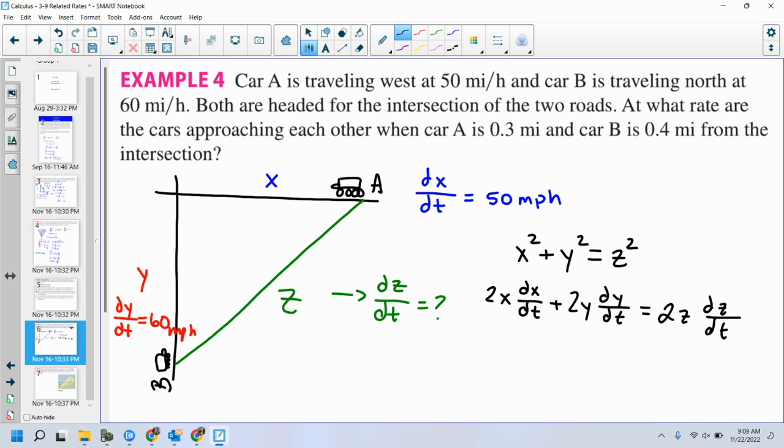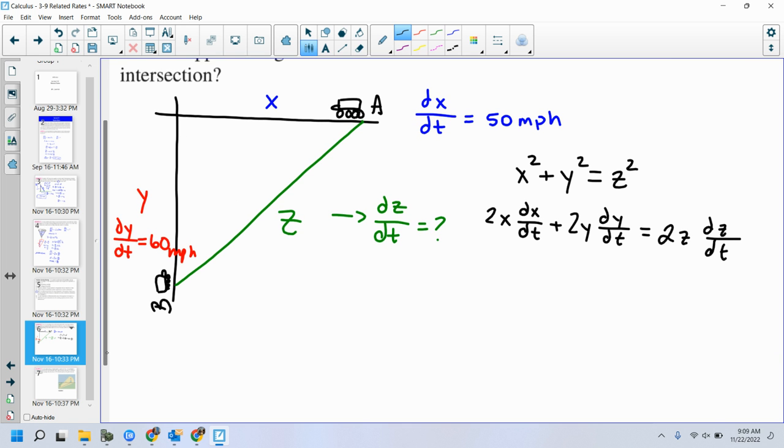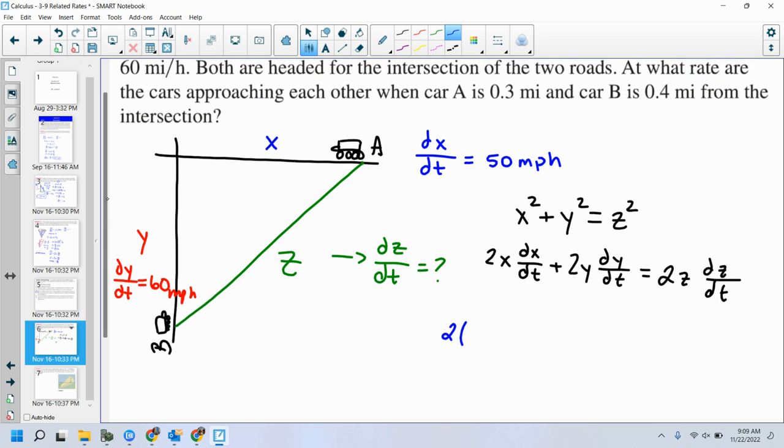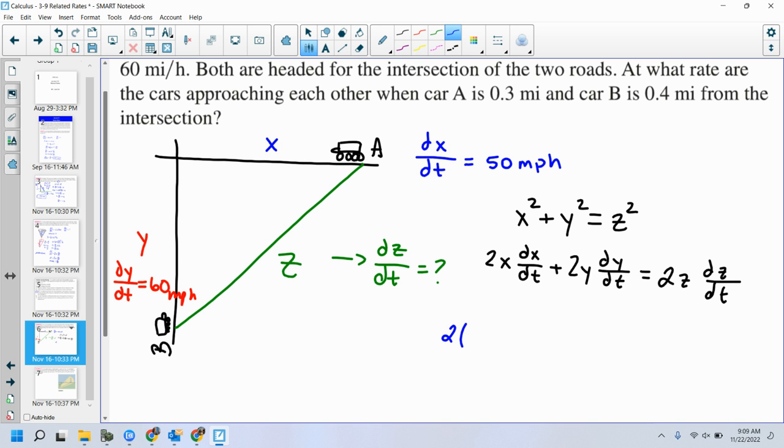Okay, I know a lot of things in here. Let's plug in: 2 times x. Well, what is x? 0.3 times dx/dt, which is 50, plus 2y.